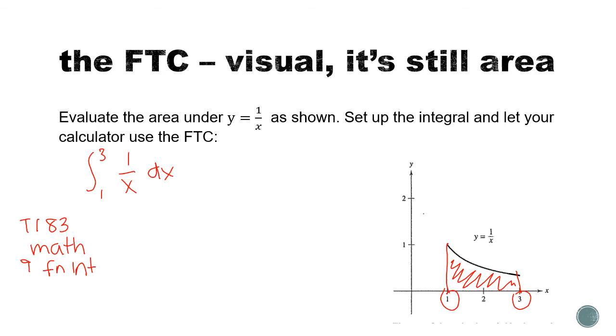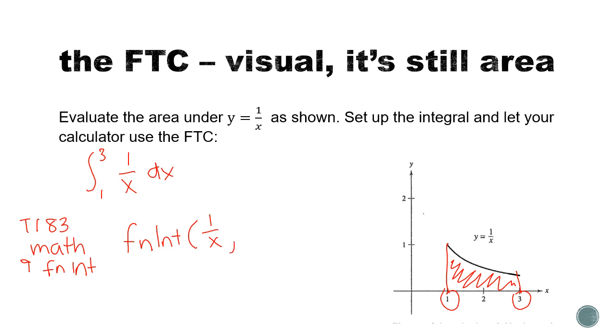When you push that in, if you have an old calculator like mine, the other calculators you should be able to just fill in these pieces: the 1, the 3, the 1 over x, and the dx. You should be able to put all that in. It will not work if you don't have the dx, I'm pretty sure. But for these, on your screen, you're going to see FNINT parentheses. Then you are going to put the function, 1 divided by x, comma.